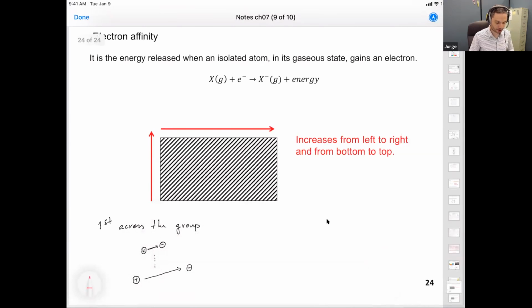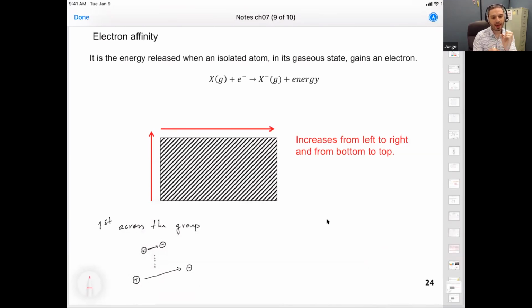Okay, very good. So for electron affinity, we are going to provide an electron to the element. This electron has to be held tightly, and in exchange, the element will release energy.